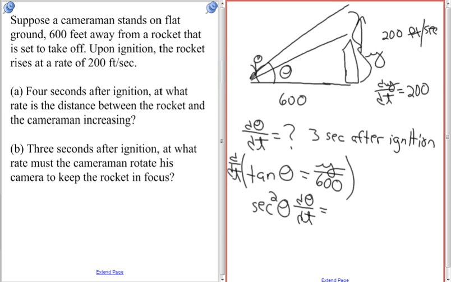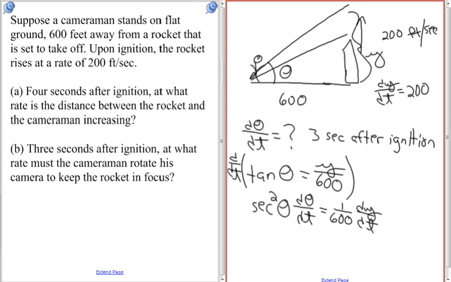On the right side, a lot of people are tempted to use quotient rule, but keep in mind, y divided by 600 is the same thing as 1 over 600 times y. So instead of using quotient rule, we could just use the idea that 1 over 600 times y has a derivative 1 over 600 times dy dt.